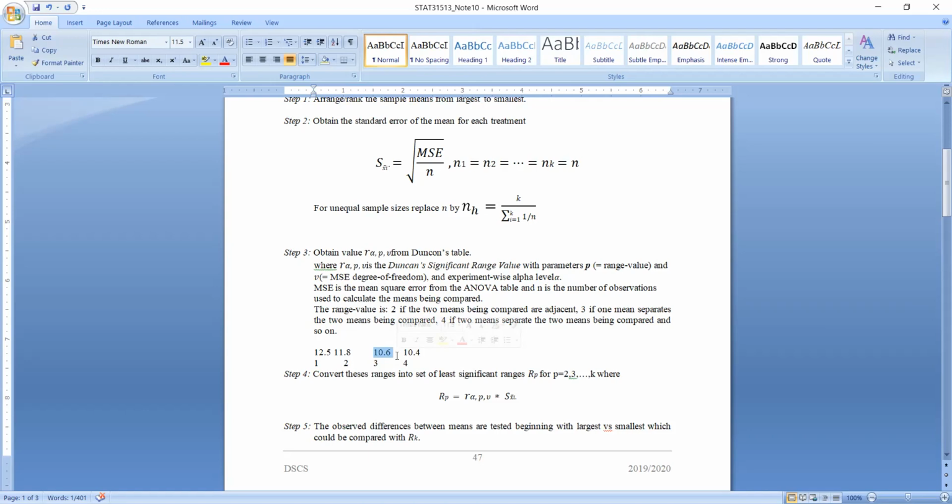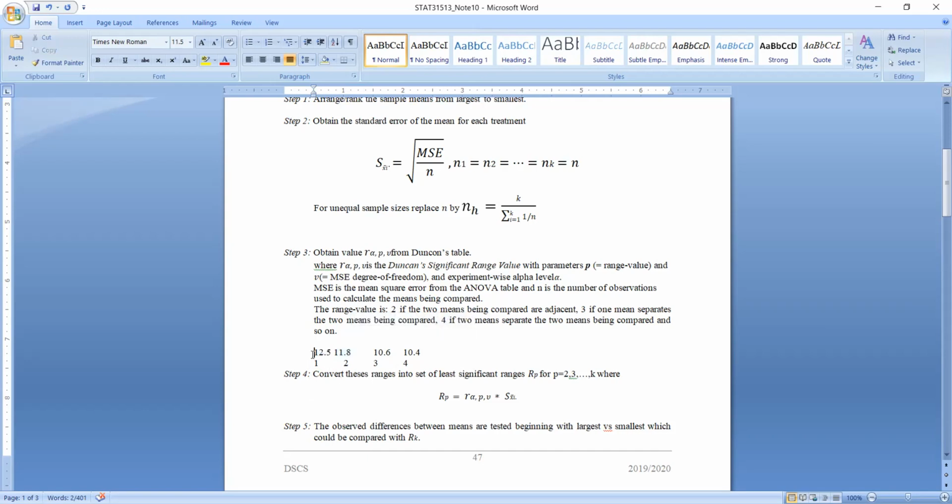What you can do is check the gap between the two means that we are comparing. For example, if you compare the first two mean values, since the gap between these two mean values is 0, the smallest number that you can assign for P is 2. So if the gap is 0, P should be equal to 2.